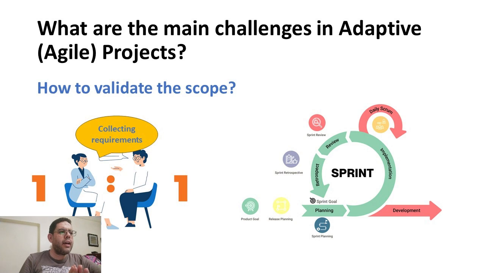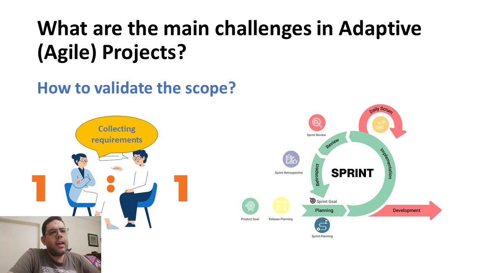So as we see here, the main idea, or the first step, is how to collect the requirements of the project from the customer in a professional way, by using the sprints or iterations. Each project consists of some continuous sprints.